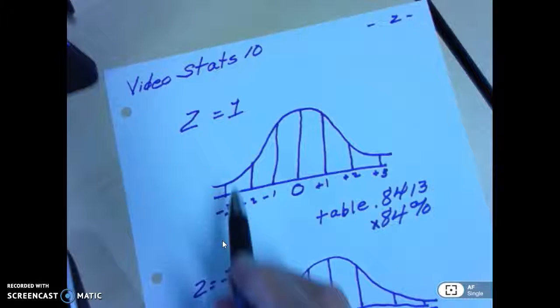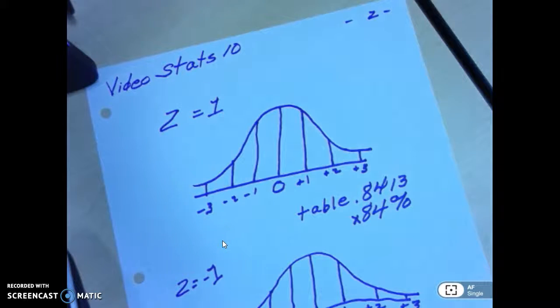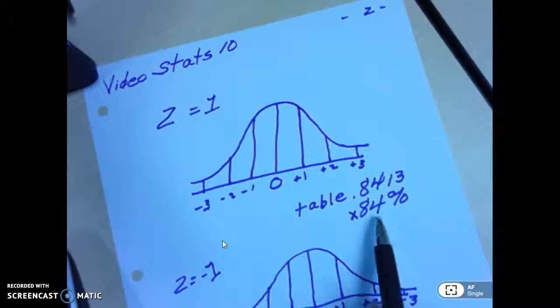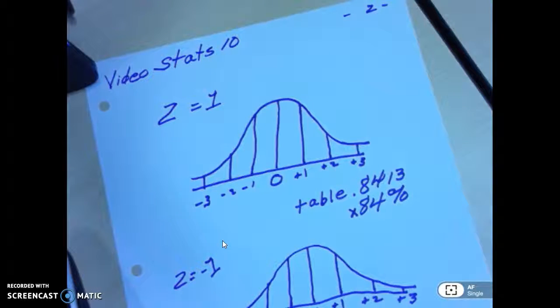So when we look at 1 here and go down the page under the z-score until we get to 1, you will find 0.8413. Now we can change that to a percent, and what we're looking at here is a percentile. This individual was in the percentile range of 84. That means that they did as well or better than 84% of the individuals that took this test. So be sure to go to your chart and look at it.